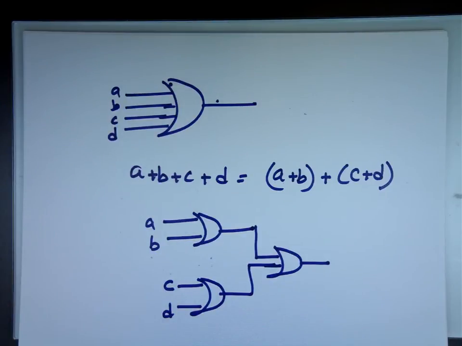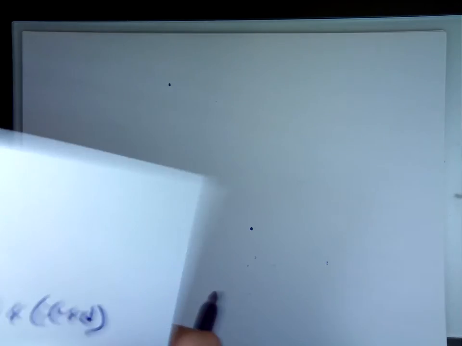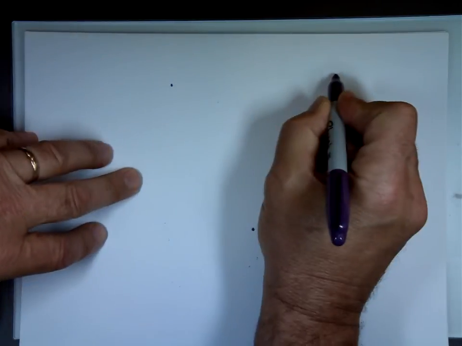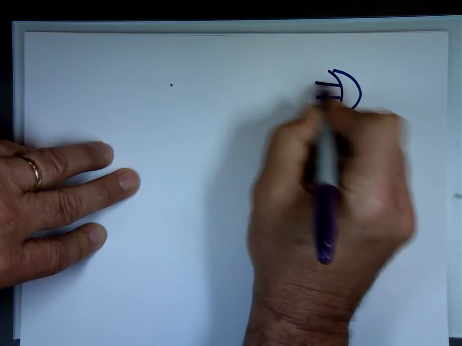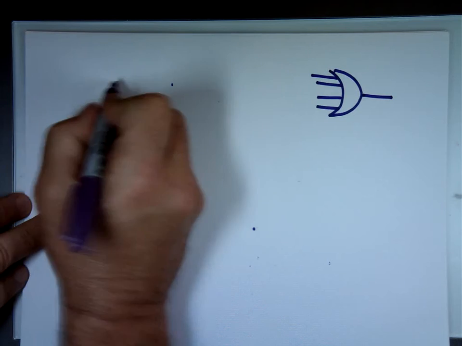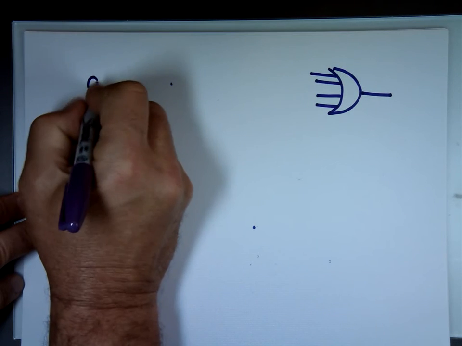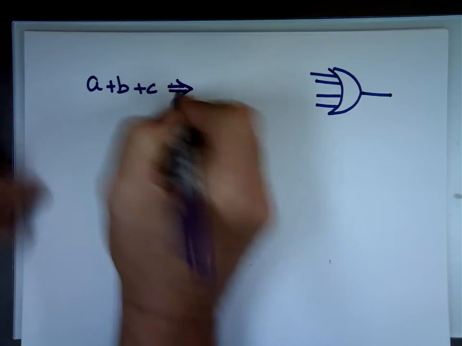If I have some with 4 inputs and some with 3 inputs, I'll use OR and AND, I'll mix and match. I have a 4 input OR gate, but I want to use it for a 3 input function.